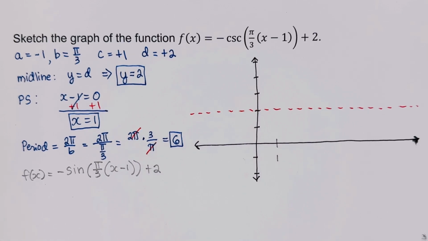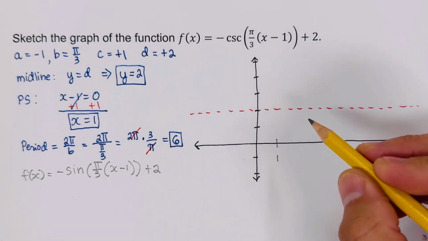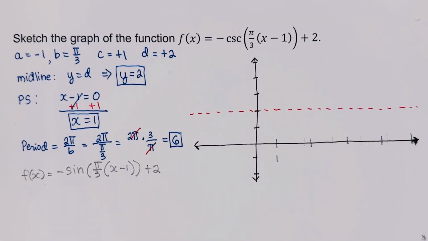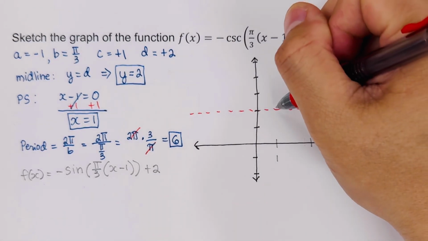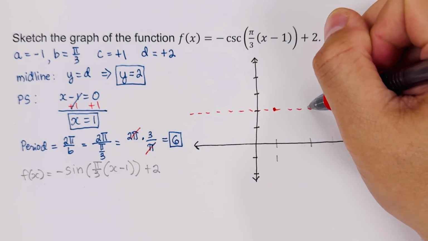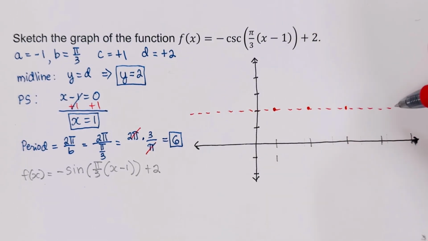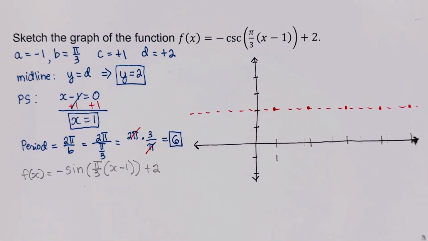And we remember that we're going to need 4 more points to create one cycle of the cosecant graph. So I'm going to sketch those points up here. This tells us that we're going to need these 5 points on the midline as our reference to create the graph.